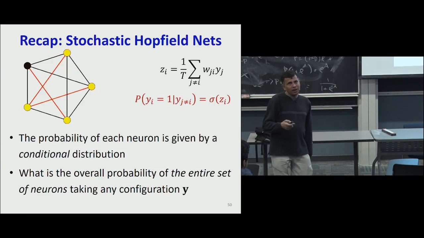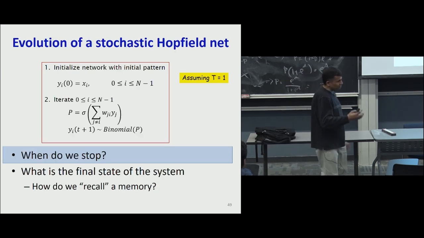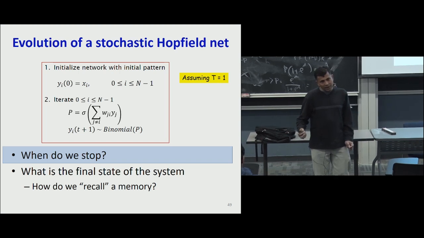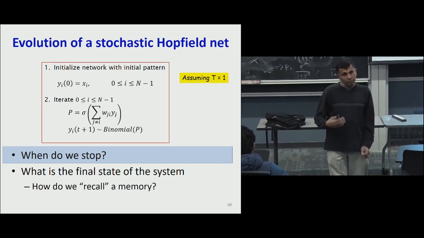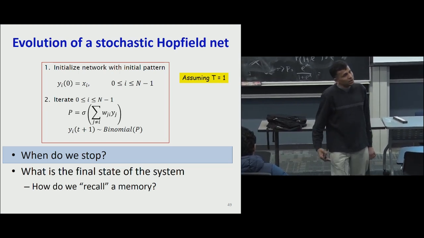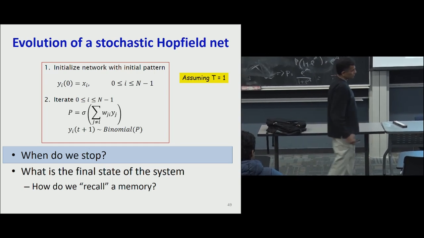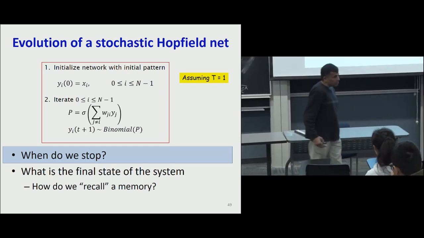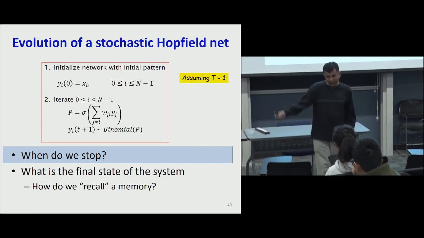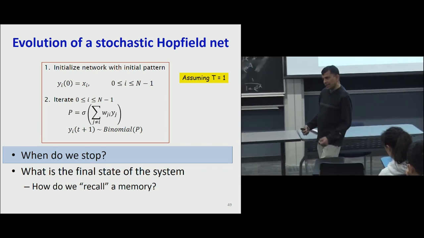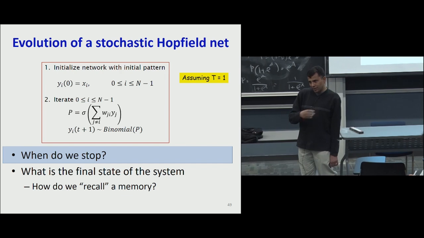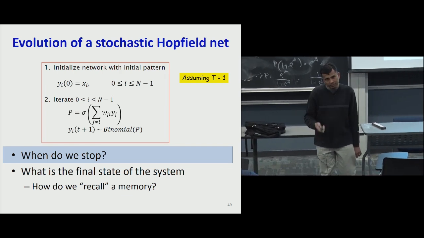Again, we'd stop when the energy of the system, or since you're thinking of this as a probabilistic system, then the likelihood, the probability of the states that it's generating, tapers off, right?